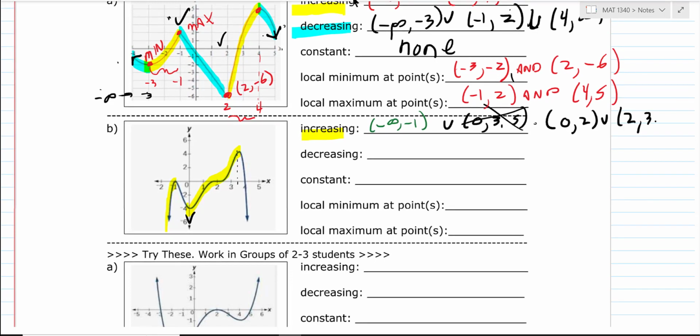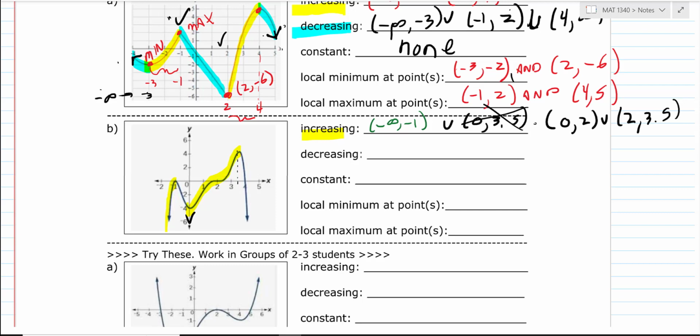That's kind of what you're getting at, which is a good observation. This place right here, the slope is kind of 0. So I don't care which way you do it. You could do 0 to 3.5, or you could do 0 to 2, then 2 to 3.5. Either way for college algebra will be okay, right?